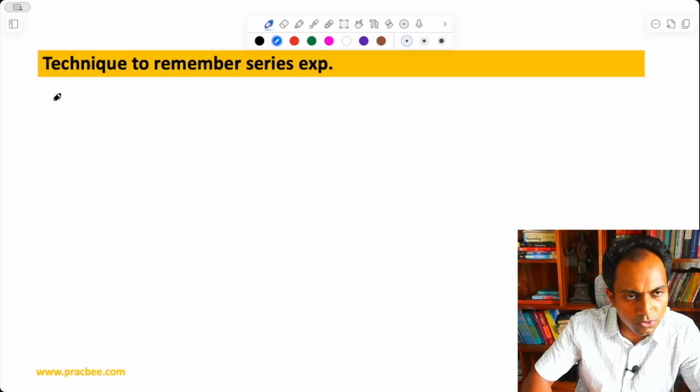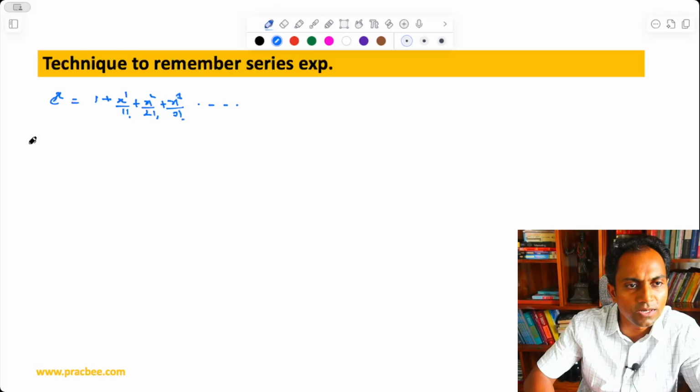We already knew the series for e raised to the power x. Whatever is in the power of x, put that in factorial notation in the denominator. So x square by 2 factorial, x cube by 3 factorial, and so on and so forth. Now the first one that we can get out of it is a raised to the power x.